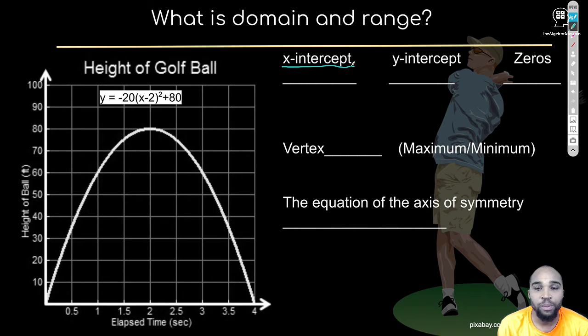X-intercept. Well, that's simply where the line right here, also called the graph or equation or function, we call it many things. We'll say this function or this graph. When we say graph, we're not talking about the coordinate grid. We're often talking about the graph of this parabola, the graph that it made. So when this graph crosses the x-axis, here's the x-axis, and here's the y-axis.